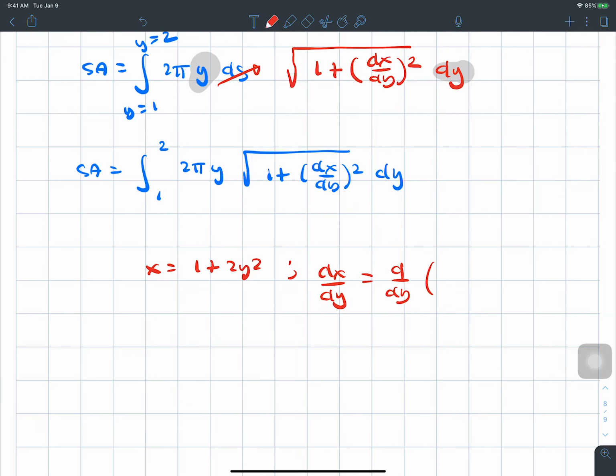where u becomes 1 plus 16y squared, and then du/dy is 32y. So that dy is du over 32y. So this integral now, using u sub, let's do it this way here. 2 pi y square root of u du over 32y.